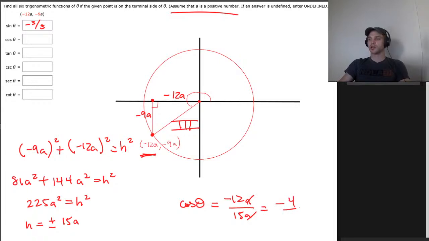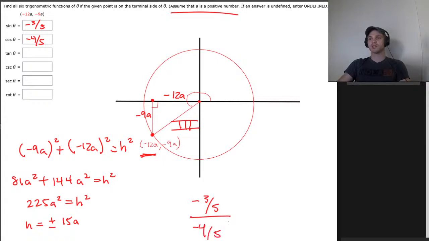This becomes negative 4 over 5. And then tangent is the sine over the cosine, so that makes this really easy. We'll take negative 3/5 divided by negative 4/5, and the tangent is positive in the third quadrant, so this makes sense. These 5's cancel, and we're just left with 3/4.